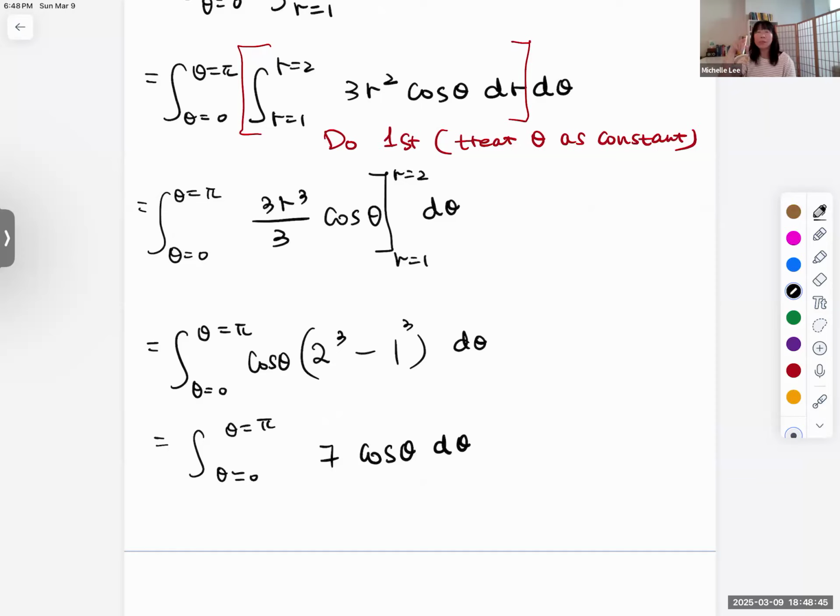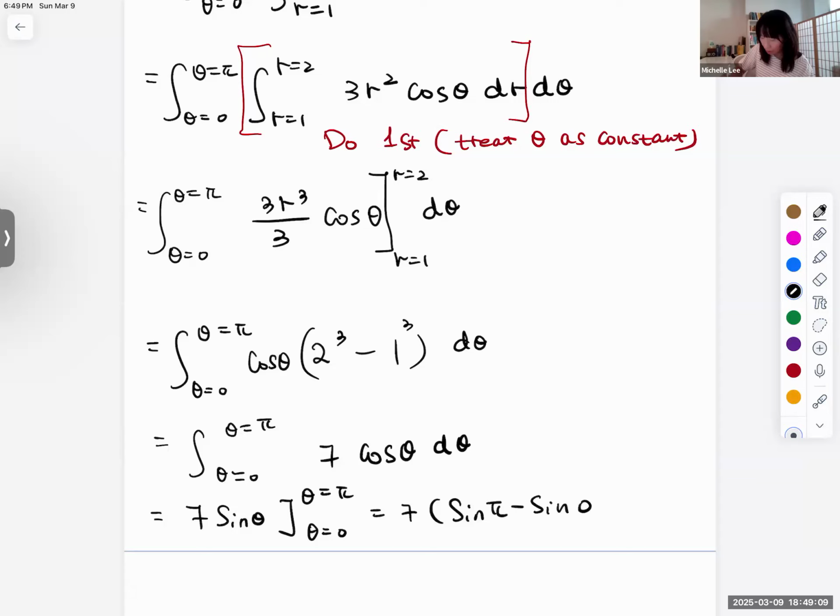And then what's the integral of cosine theta? Sine theta, right? Good. So we have 7 sine theta. Then we evaluate from 0 to pi. Okay, 7 times sine pi minus sine 0. What do you have?